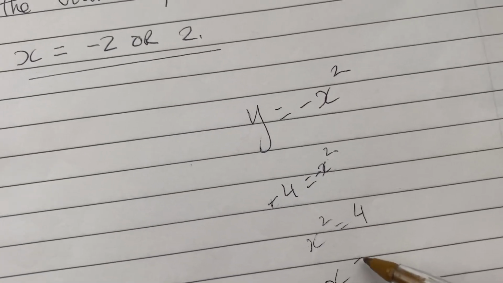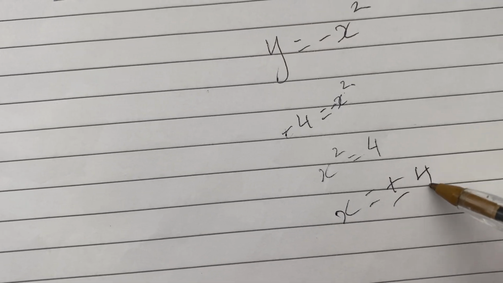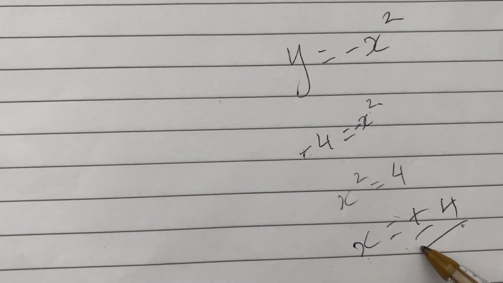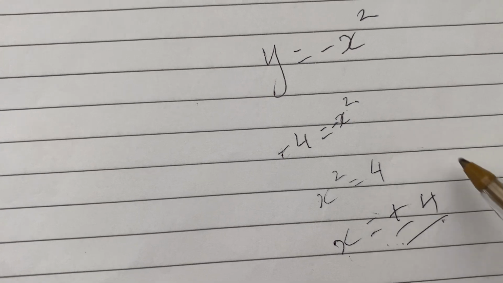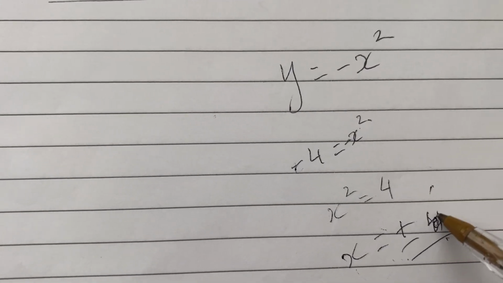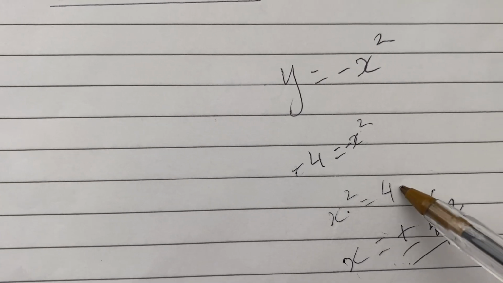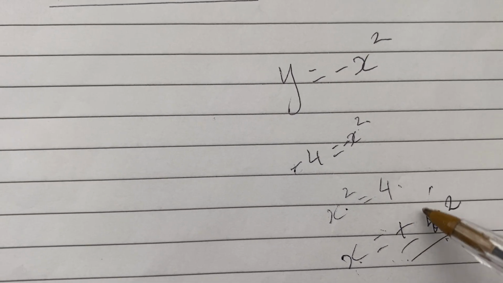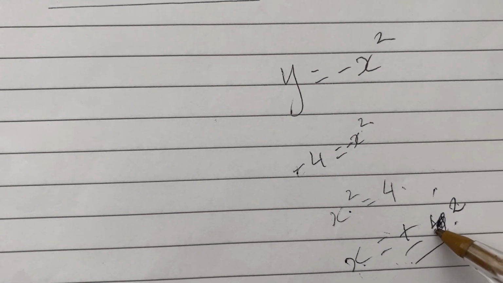So x will be plus or minus 2, sorry. Yeah, because x squared is 4, so x will be plus or minus the square root of 4, which is 2 or minus 2.